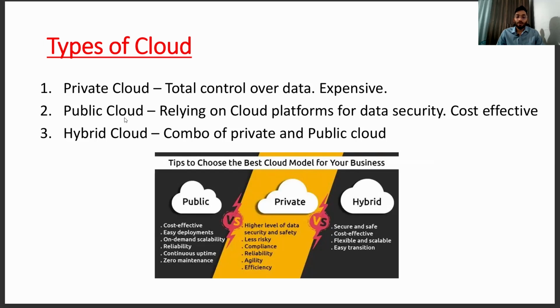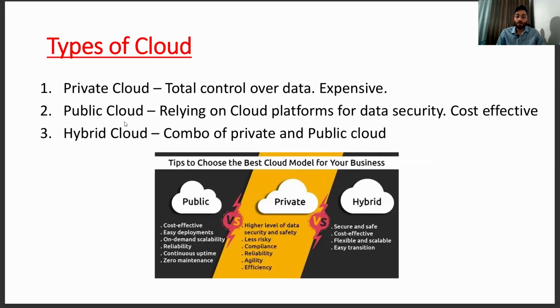Second is public cloud. That's what we talk about: Azure, AWS, GCP. They all are public cloud. Whenever a company gives data to some other cloud platform, it relies on the cloud platform for data security. That means they give their data and they believe in encryption, and that's the cost effective way. Third is hybrid.